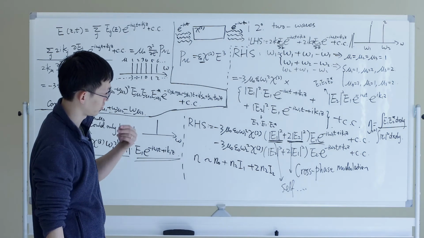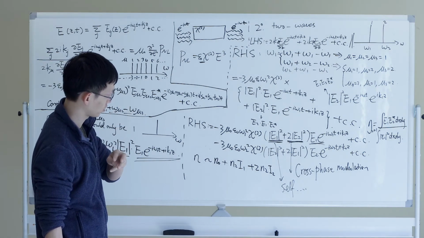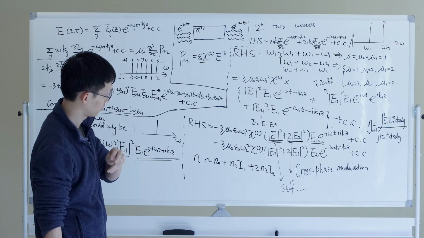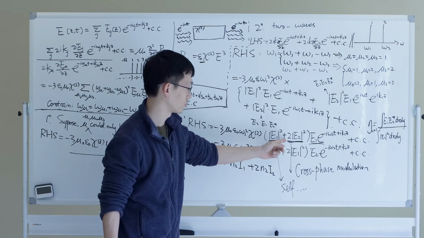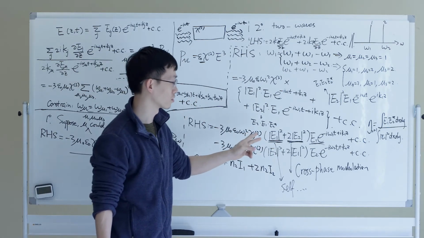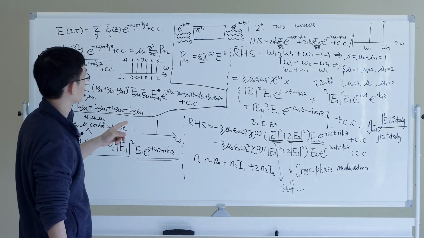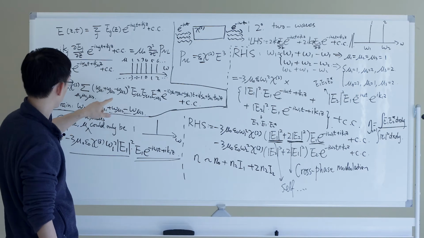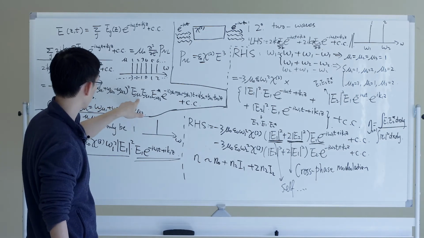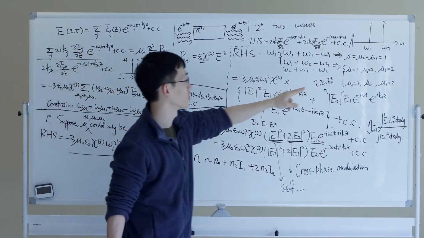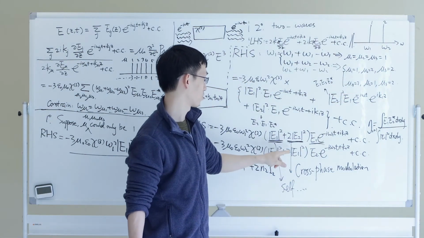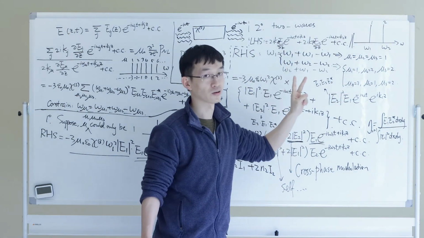So this is something I want to be very clear about. Okay, the factor of 2 here comes because when you're choosing the indices, there are 2 possible ways to produce cross-phase modulation. So that's why you have the 2.